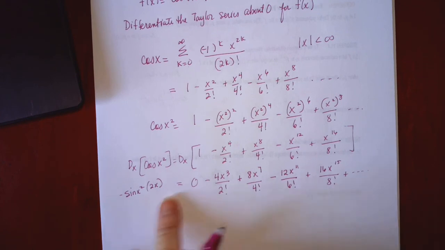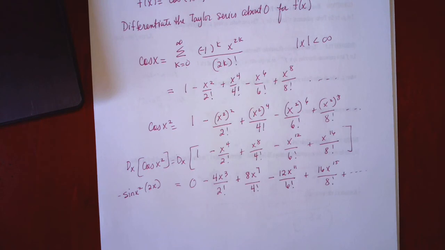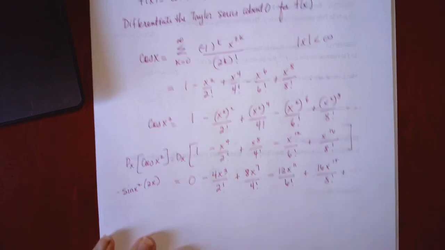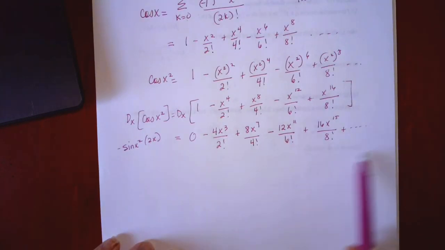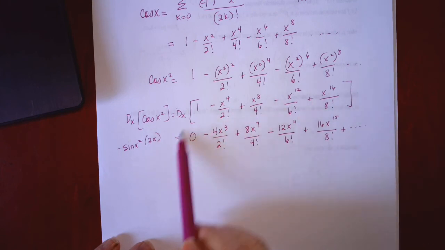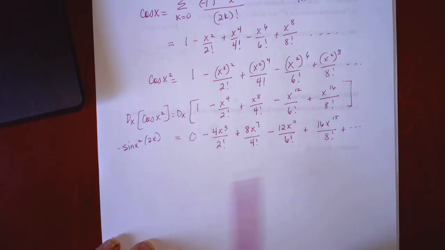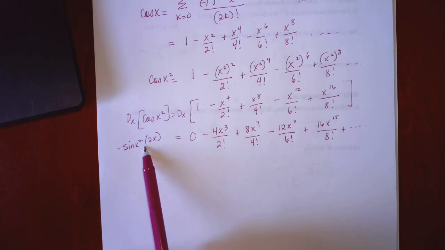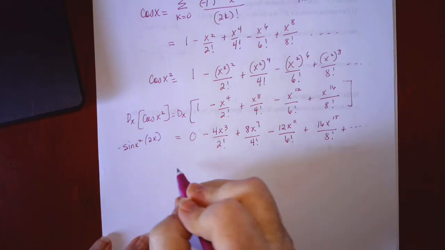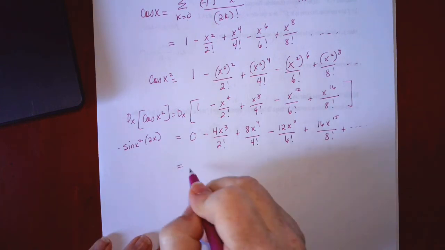In general, that's what the derivative of cosine of x squared is. So my expectation is that I would be able to factor out a 2x from this and come up with a formula for the sine of x squared. So I'm going to factor out a 2x.